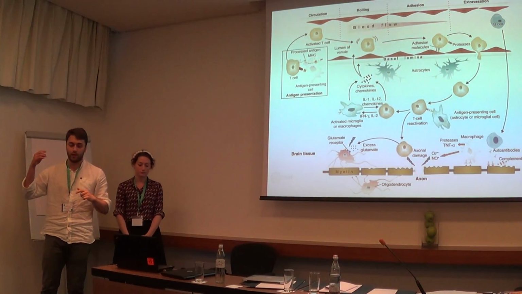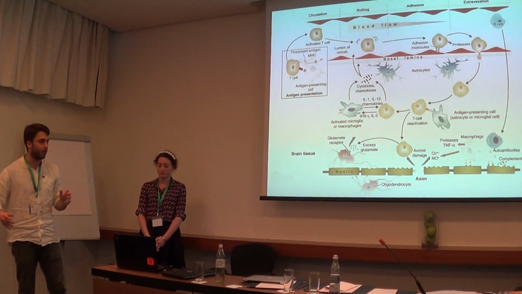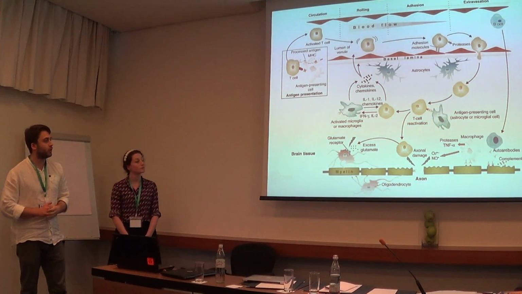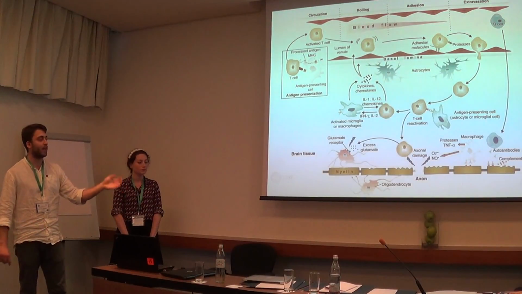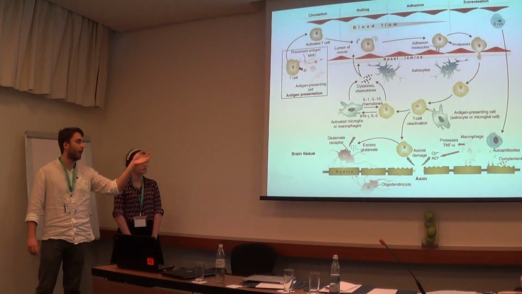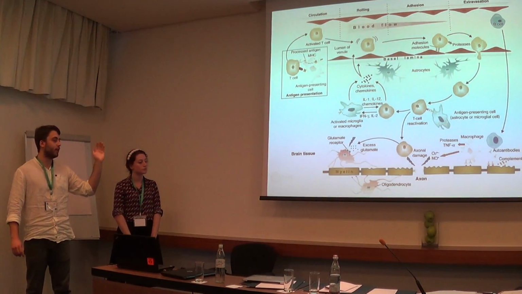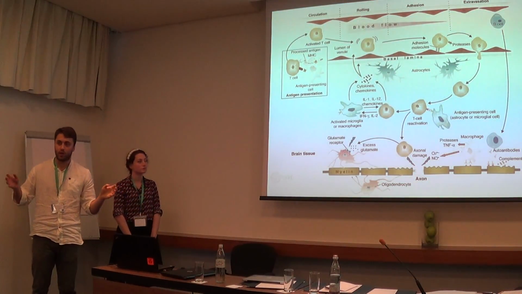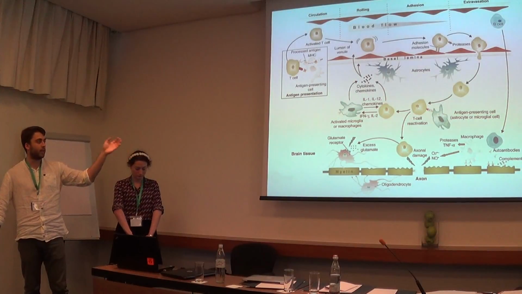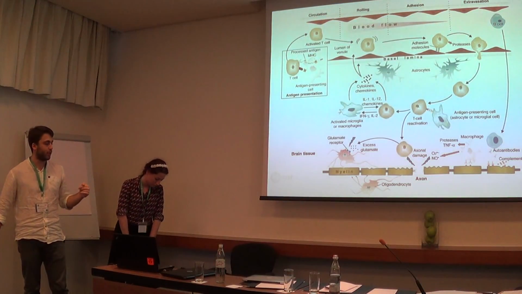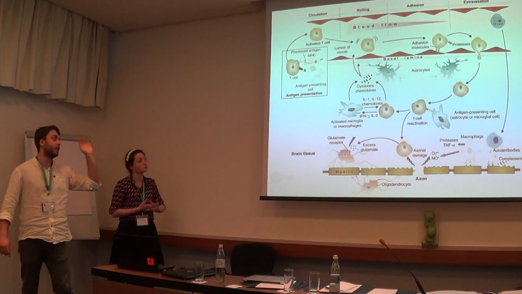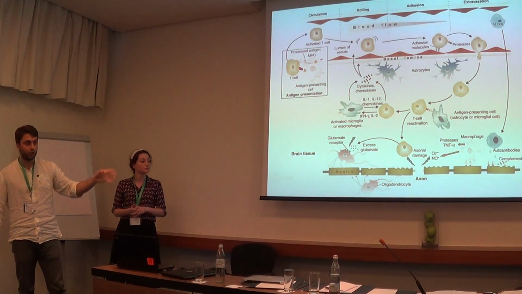Then they re-encounter the same antigen they met before, activate microglia, and also produce certain cytokines like TNF alpha, interferon gamma, interleukin 2, interleukin 1, interleukin 12, and others. These cytokines also activate macrophages and B cells, and B cells are attracted as well, which produce autoantibodies that damage the myelin and oligodendrocytes.